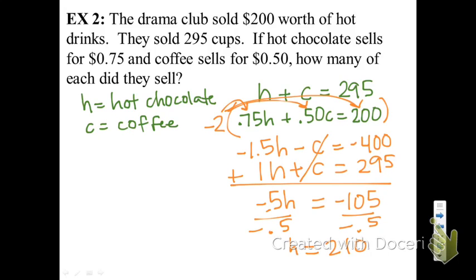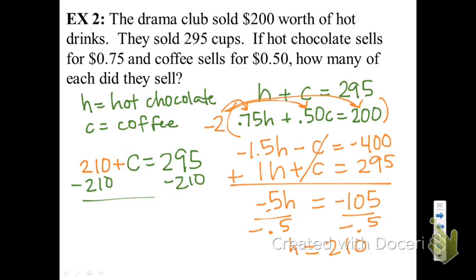To find out how much coffee they sold, I'm going to go back to the top equation, H plus C. And I know H ended up being 210, plus the C equals 295. And to solve this, we subtract 210 from both sides. And C equals 85.